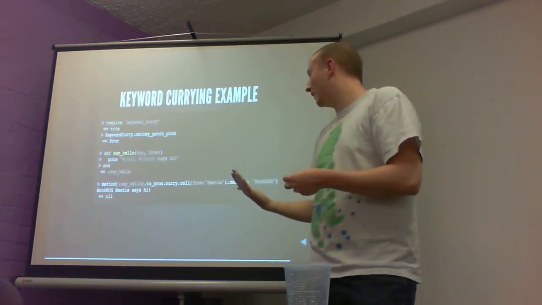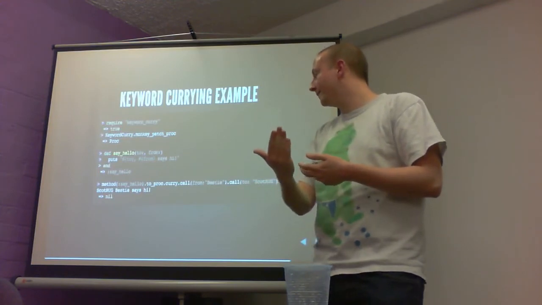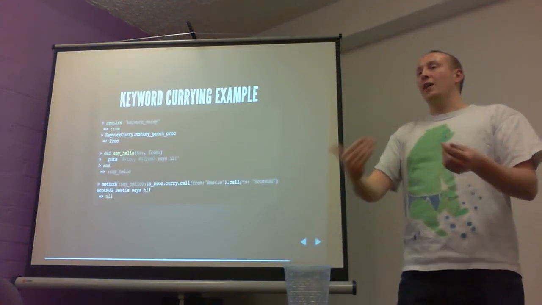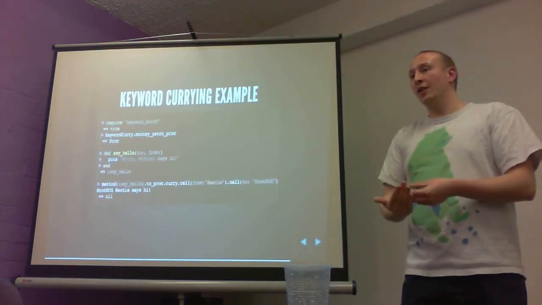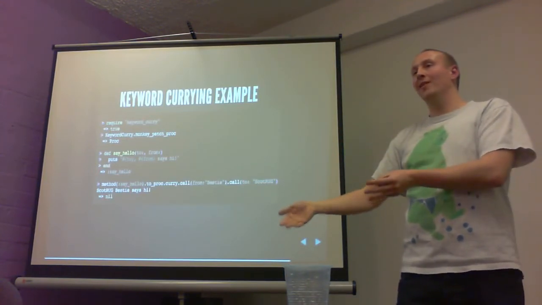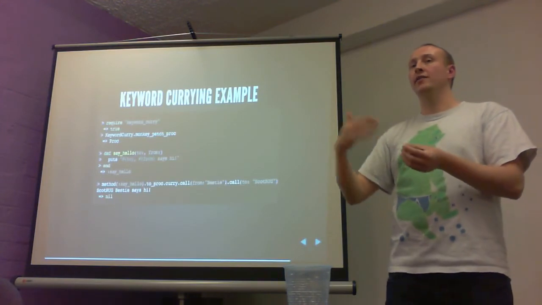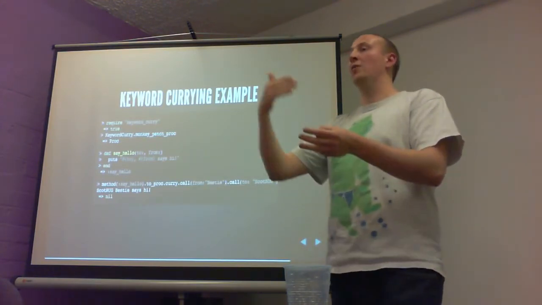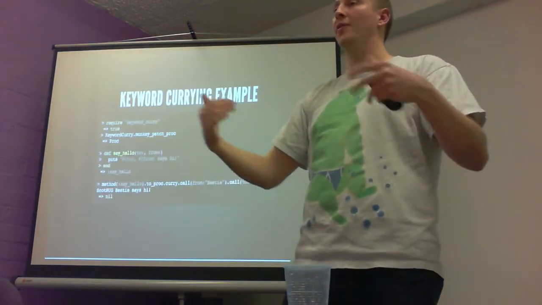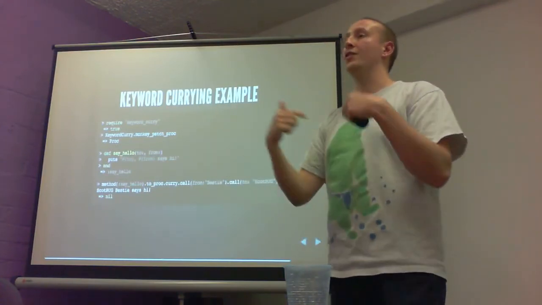It will say, now I've received argument 1, I'm going to wait for argument 2, and you can actually give more than one argument at a time as well. You're not restricted to one argument. It will just wait until, argument 1, argument 2, argument 3, now I have all of my arguments, I will return. And it calls the underlying proc.